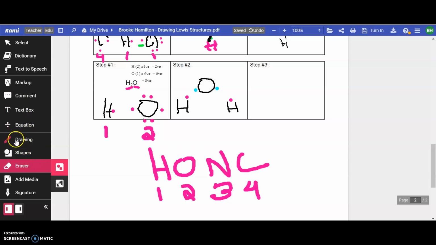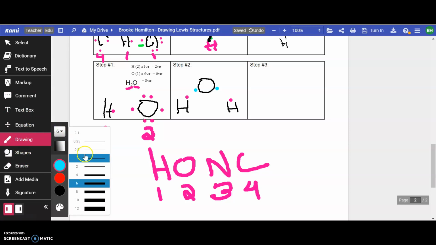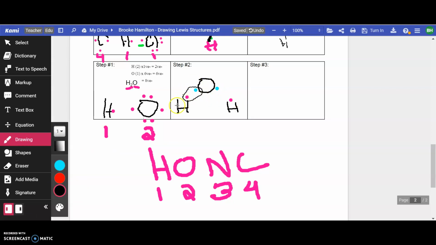We are going to connect our shared pairs now. So this is shared between hydrogen and oxygen. They have 1 shared pair. And between the other oxygen and hydrogen, there is a second shared pair.